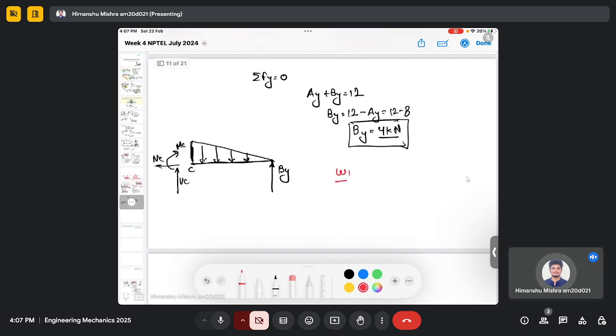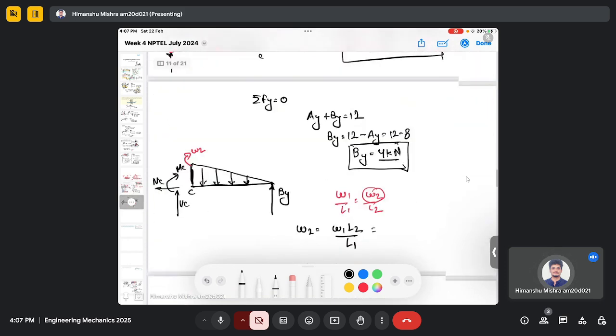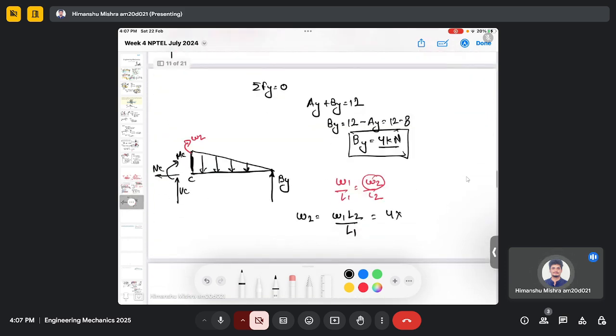So W1 by L1 equals W2 by L2. So our objective here is to find W2, which is the loading at C. So W2 equals W1 multiplied by L2 divided by L1. So W1 we know it is 4 kilonewton per meter and L2 is 3 meters.